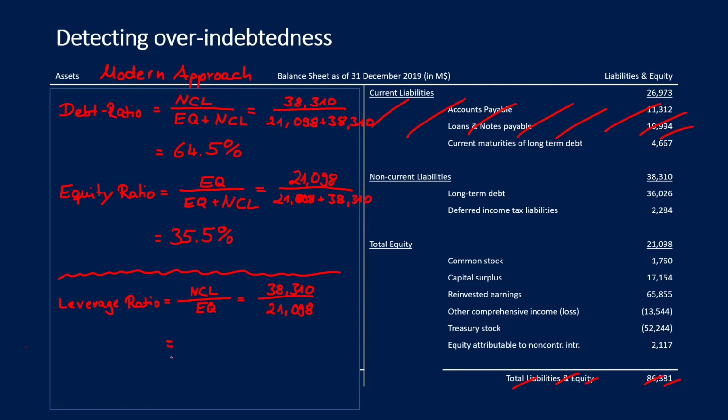And that is, so would we like to write it down? 1.81 or 181%. So we apply 181% of the equity again by debt. So this is the meaning of the leverage ratio.